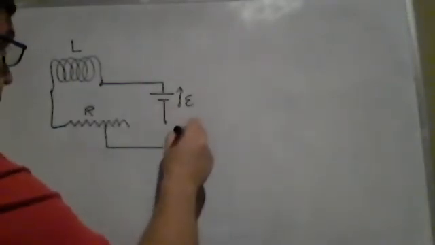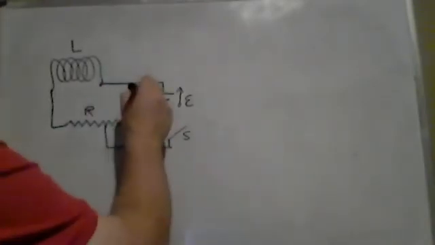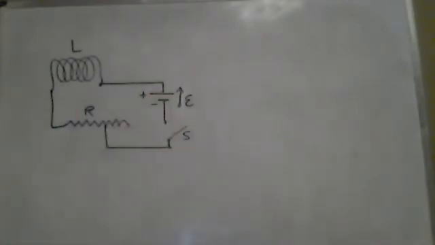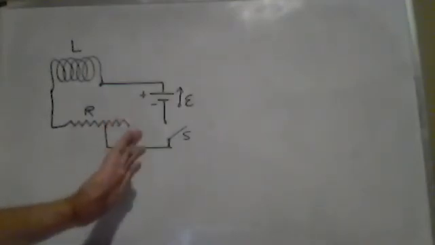I throw a little switch S. What happens is, well, this is the positive side of the battery. So a current is going to be generated in this coil. As soon as I close the loop, because of the battery, we will now have a current established in the loop.